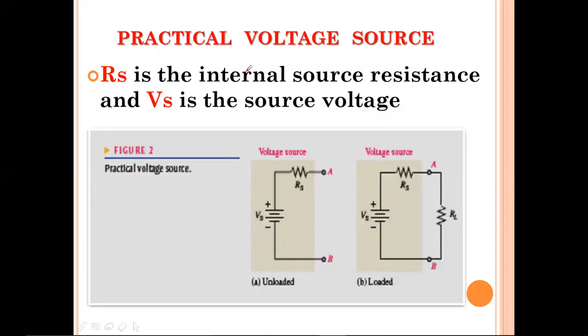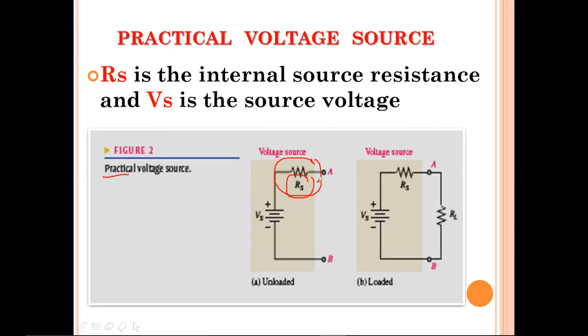Practical voltage source: Rs is the internal source resistance and Vs is the source voltage. In the practical voltage source, some value of resistance will be present.